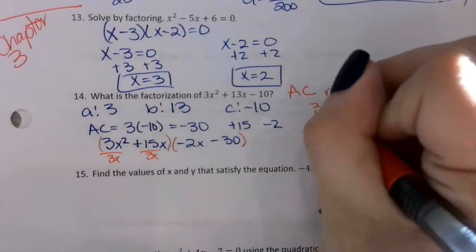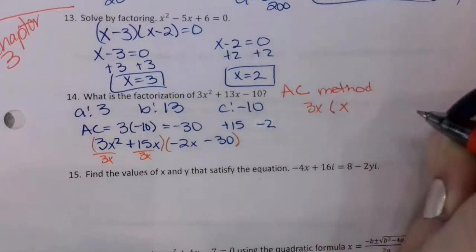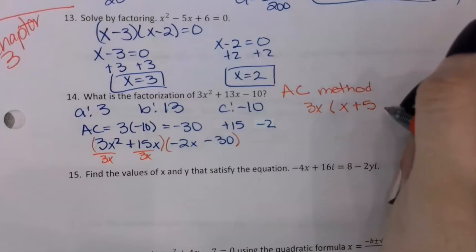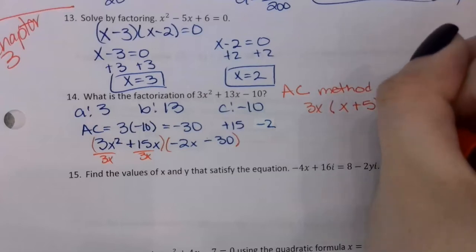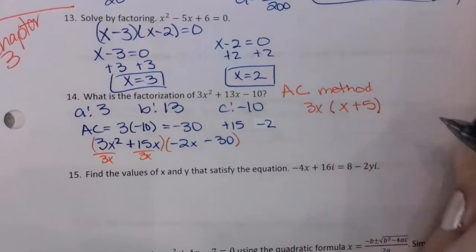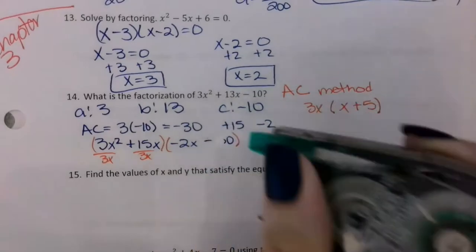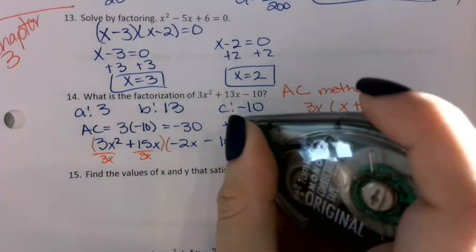So I want to write 3x out front. 3x squared divided by 3x is x. 15x divided by 3x is just 5. I wrote negative 30 when it should have been negative 10. Okay. That doesn't look quite right.